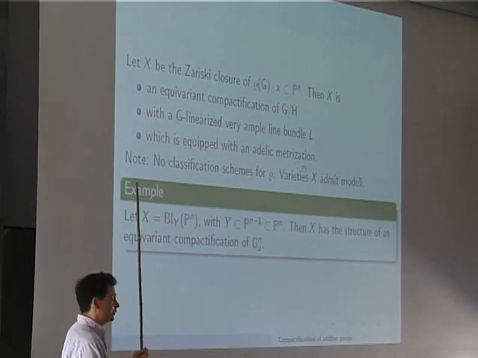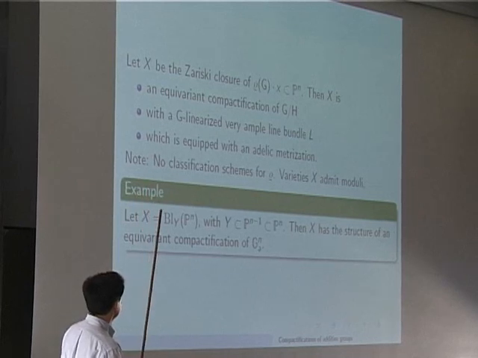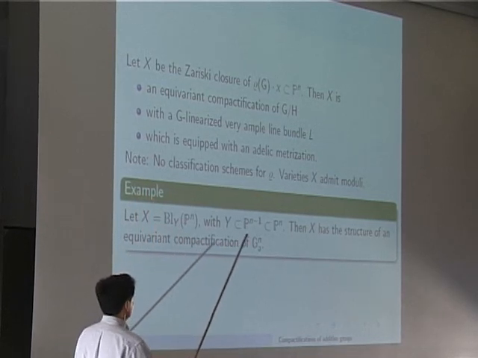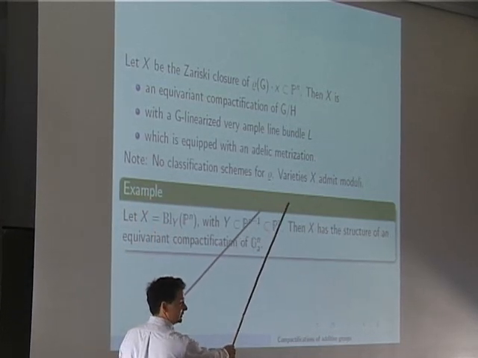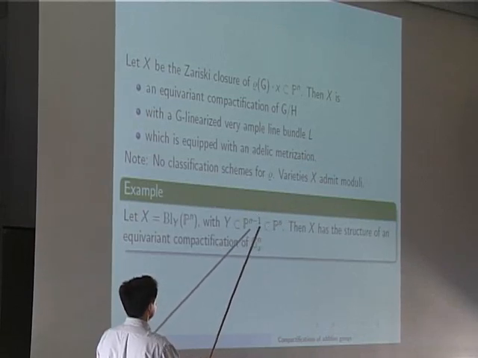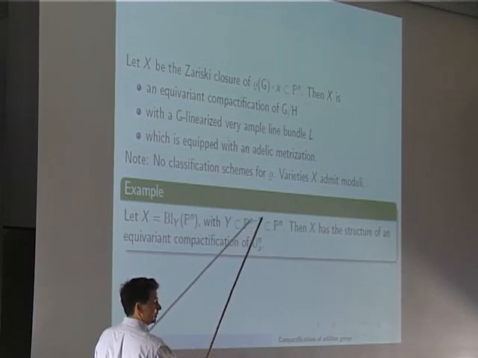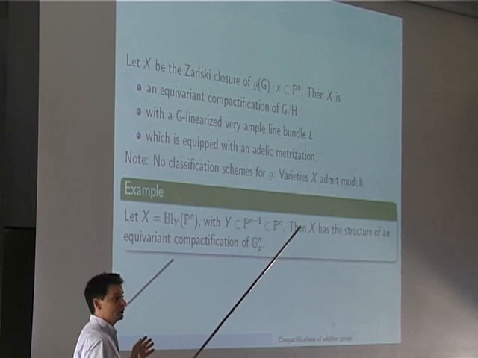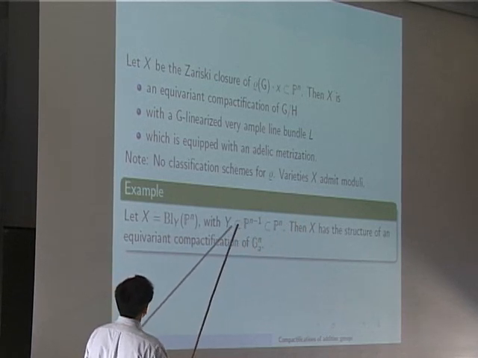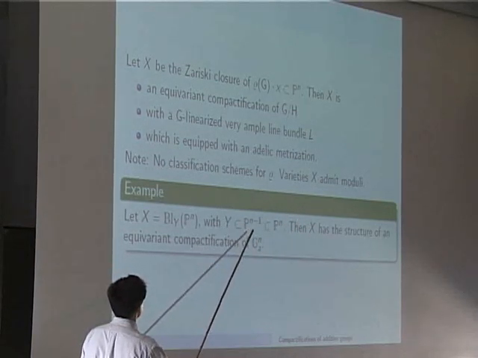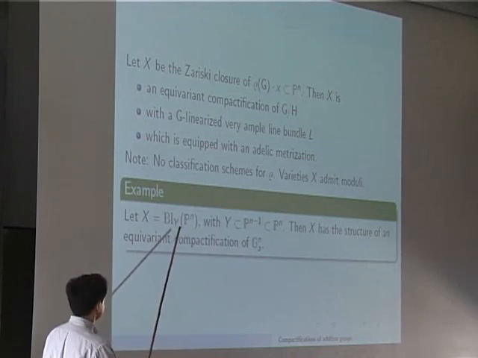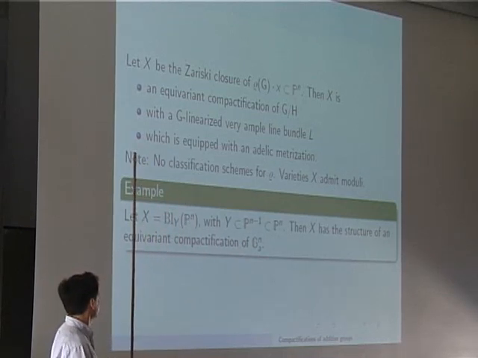So here is an example of an equivariant compactification of the additive group. Take P^n, a compactification of the affine space A^n, so there is a P^{n-1} in the boundary. Now take any subvariety of P^{n-1} in that boundary, and blow up P^n with center in this subvariety.